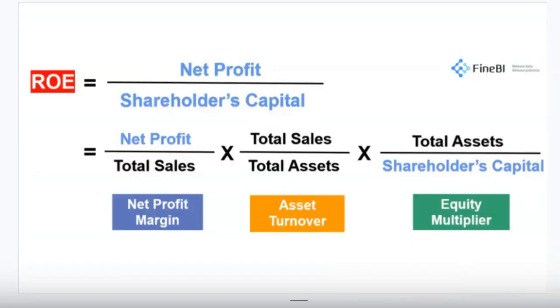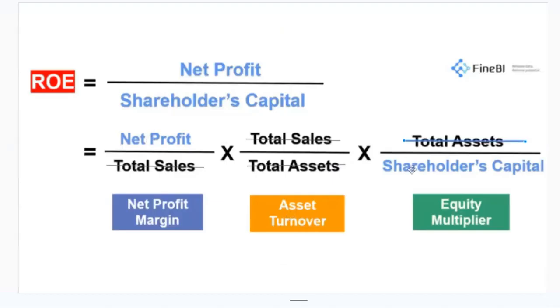Now, if you look at the DuPont analysis specifically, what's highlighted is our net profit right here in the formula and our shareholders' equity. Because again, the ROE formula is net profit divided by shareholders' equity. So if we go ahead and cancel out our total sales, we can take it off that second equation under asset turnover.